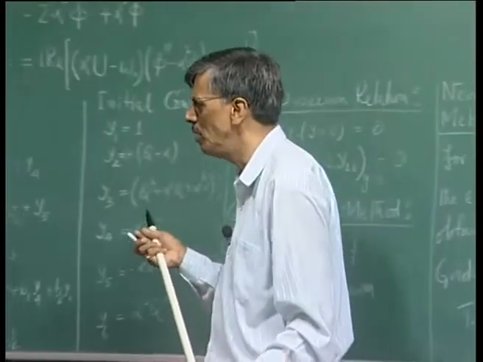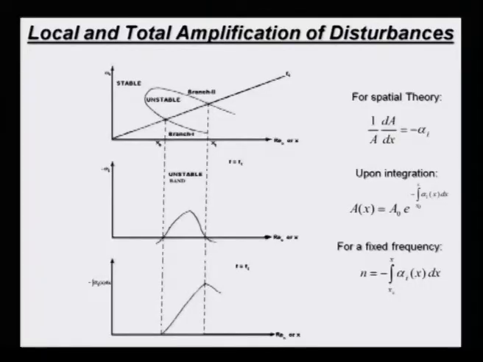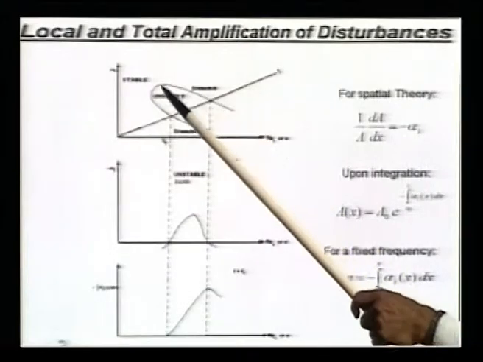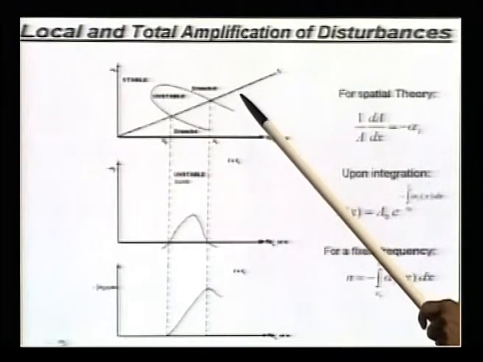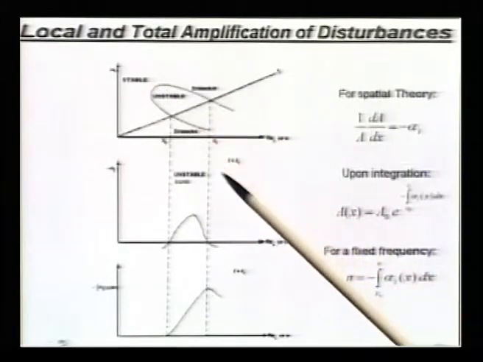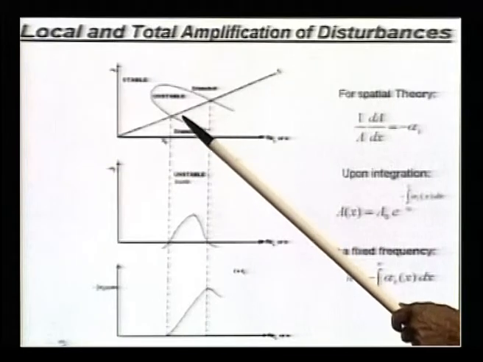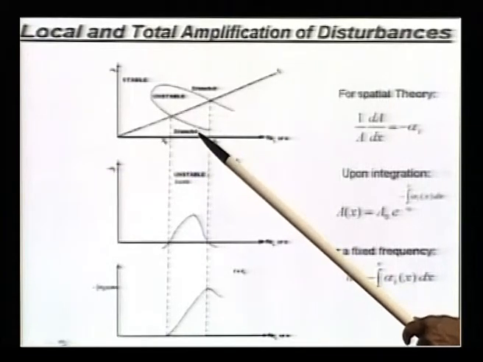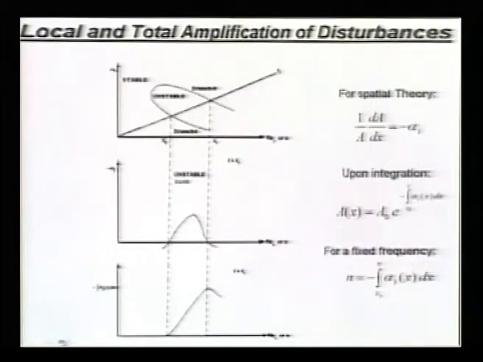So, for example, let us say we now want to follow a fixed frequency f1, and we have already talked about this neutral curve, which has this thumb shape, and the lower branch is called branch 1, the upper branch is called branch 2. This is the usual terminology.